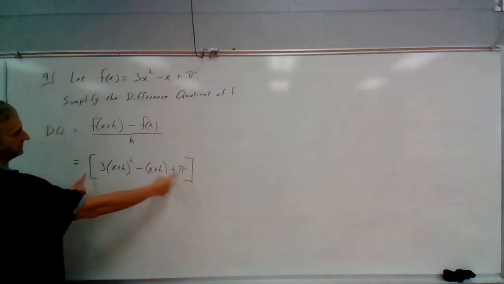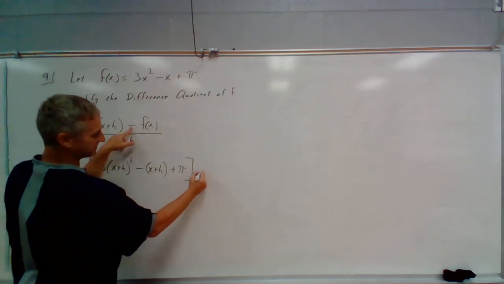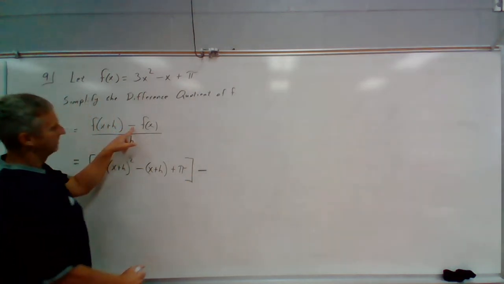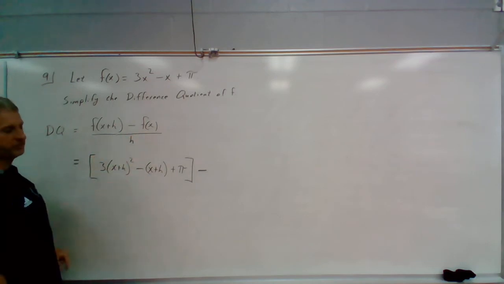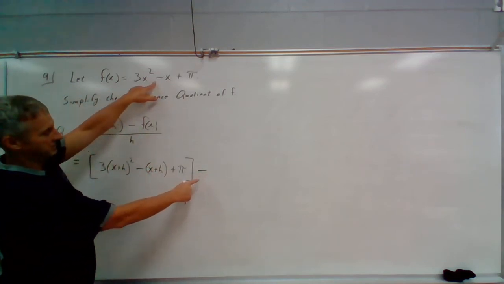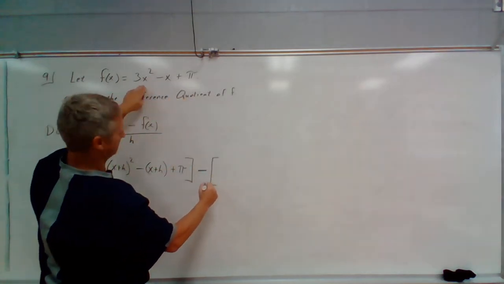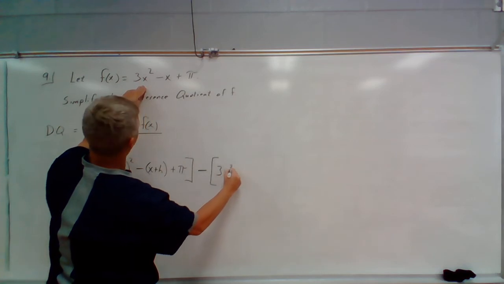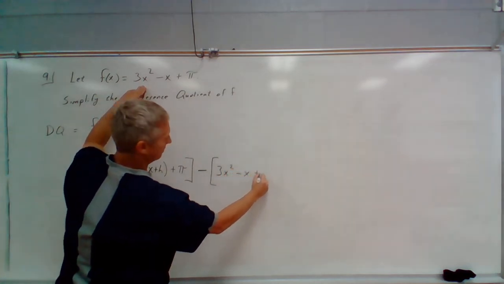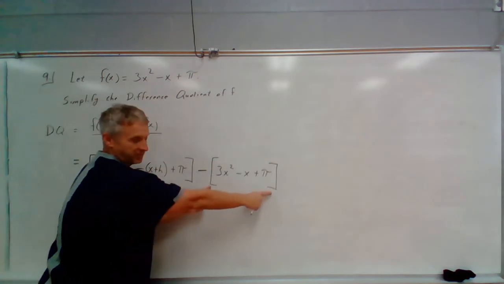All right, so this is f of x plus h. Now I've got minus all of f of x, the whole thing. So if I'm going to subtract this entire function, I've got to have this entire function in parentheses: 3x squared minus x plus pi. Again, it's essential that you have these parentheses.